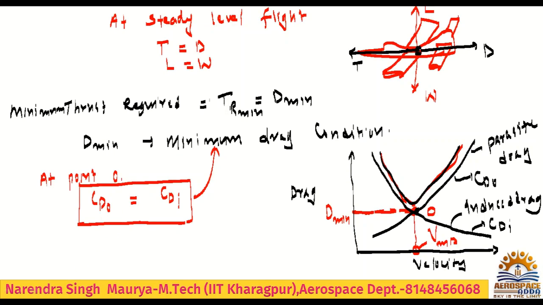Minimum thrust required is nothing but the minimum drag condition, and for the minimum drag there is a mathematical derivation also, but we are not going to derive any equation. As I mentioned, this is the solution class. For the solution, the basic formula I have to use will be used directly, because the sessions I'm covering from 2007 to 2020-22 are solution sessions.